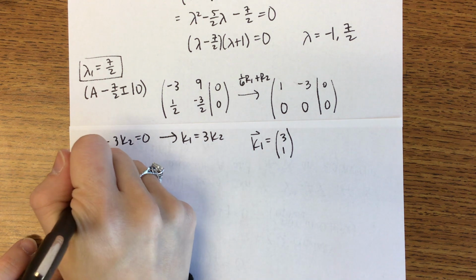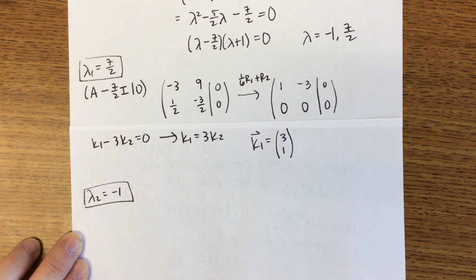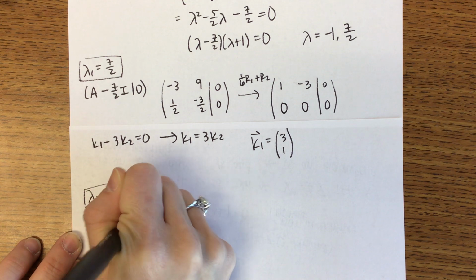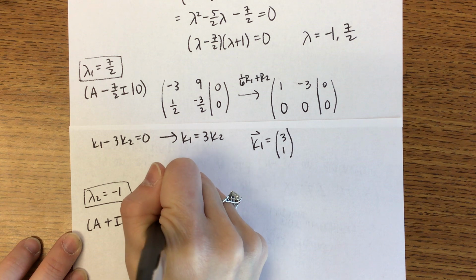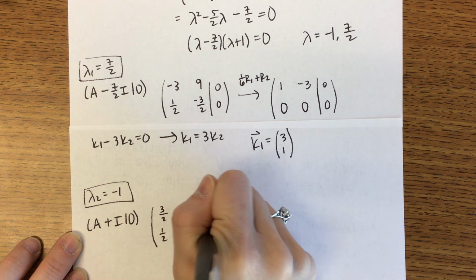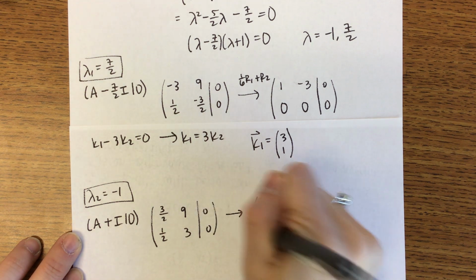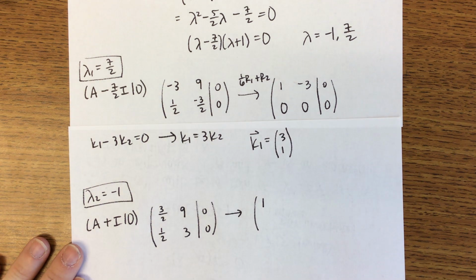Okay, next eigenvalue is -1. So in this case, we're going to have A plus I augmented with 0. So we have 3/2, 9, 1/2, 3. Okay, first row, I'm going to multiply by 2/3. So I get a 1 here.